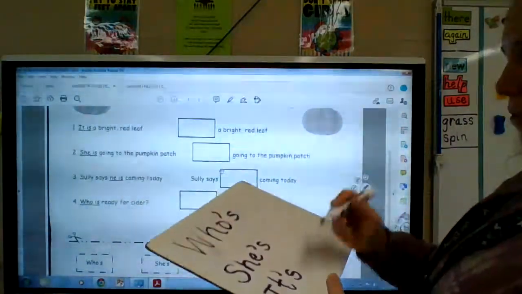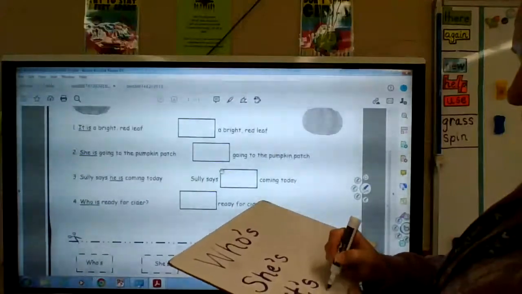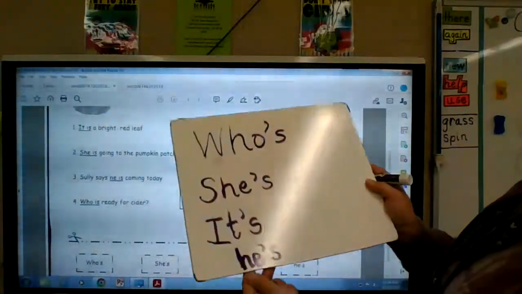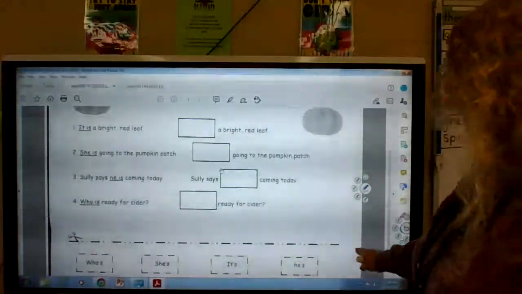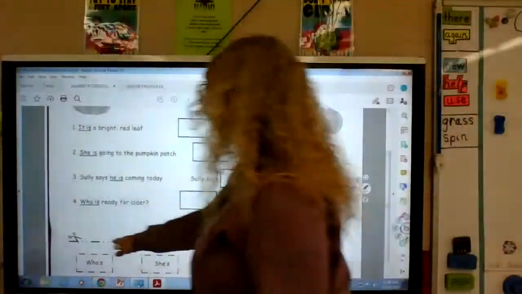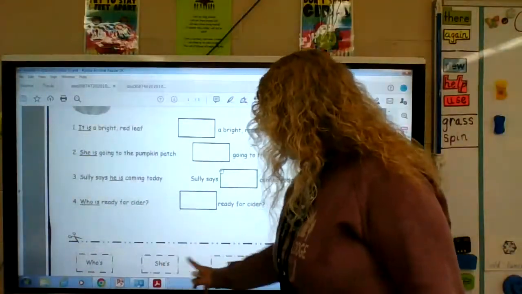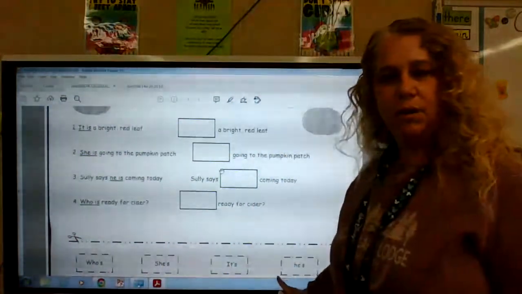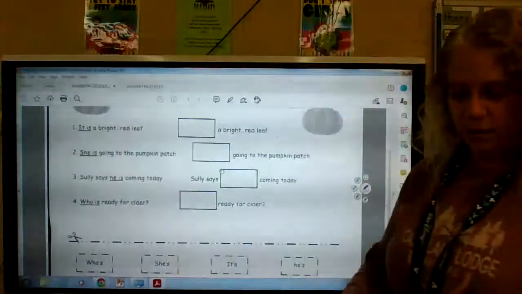Okay, and then the last one is he's, which means he is. So I want you to cut off that strip, and then I want you to cut out each box, a rectangle. So pause me and get these 4 words cut out, and then unpause me.